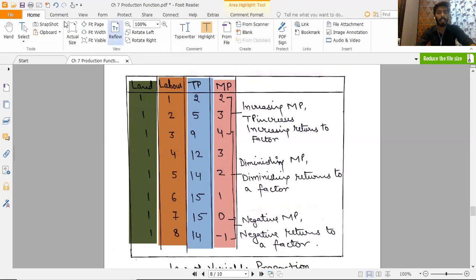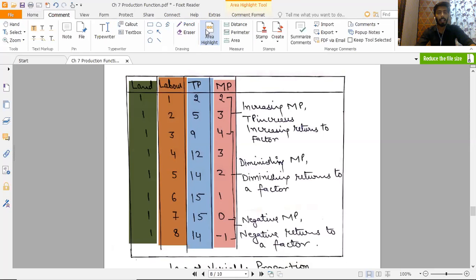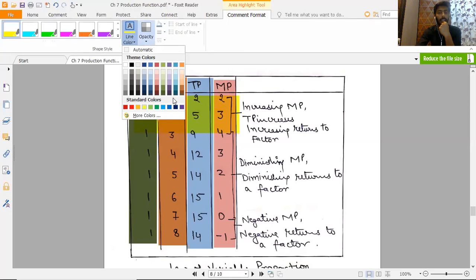MP is increasing in the initial phase, as a result of which TP is increasing at increasing rate in the initial 3 units of labor. Since MP is increasing, that means TP is increasing at increasing rate.